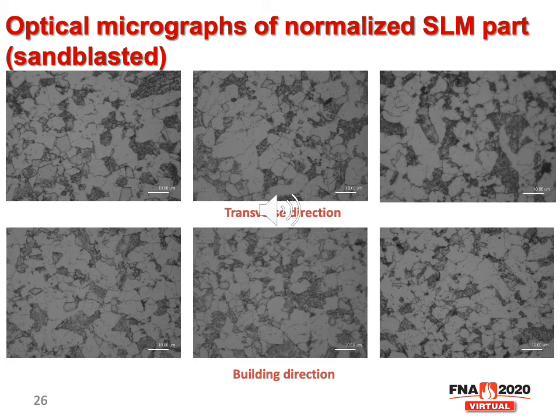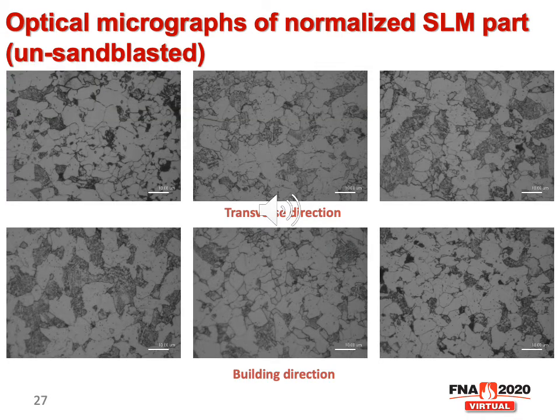You can see the microstructure changed a lot compared to the microstructure we showed before for the as received selective laser melted part. It is still uniform in both directions, transverse and building direction. However, it looks similar to the microstructure of the as received wrought part, which is ferrite plus pearlite.